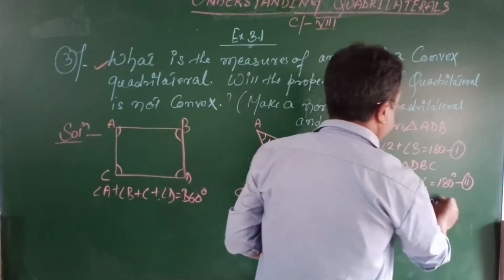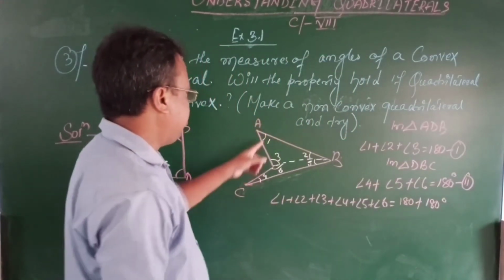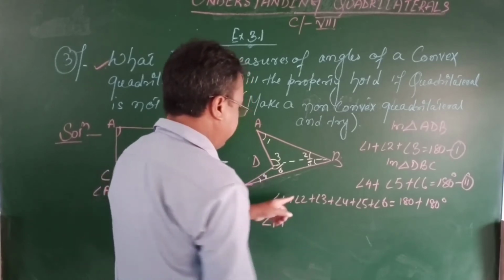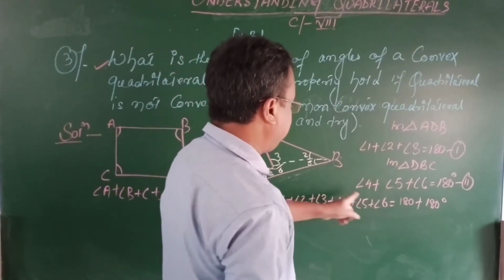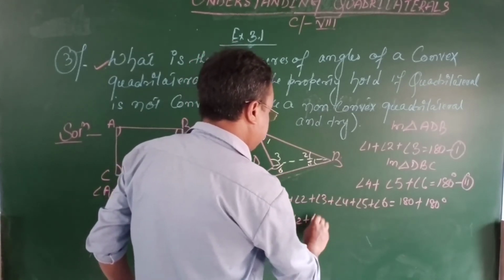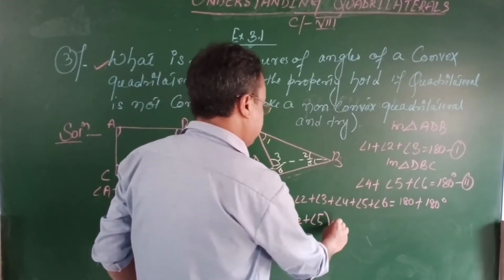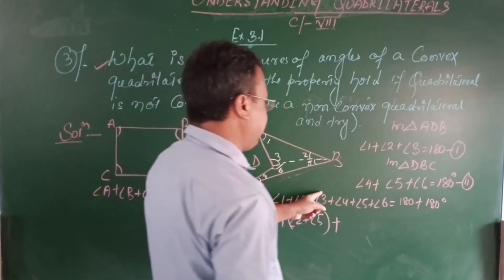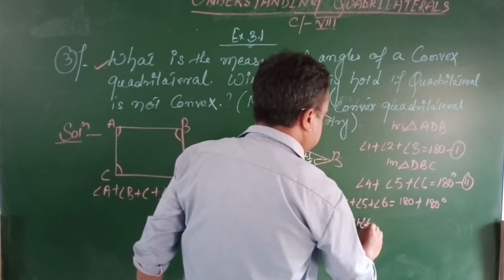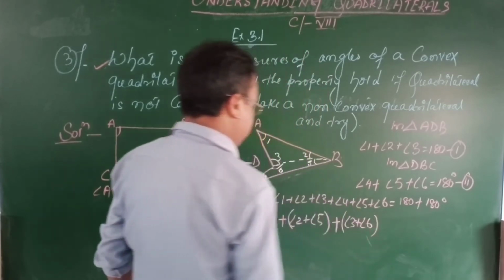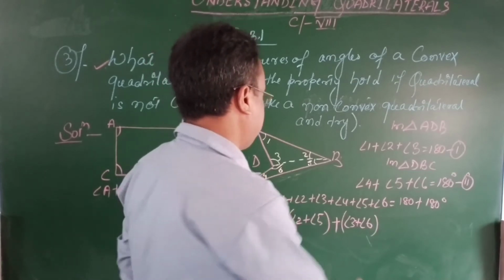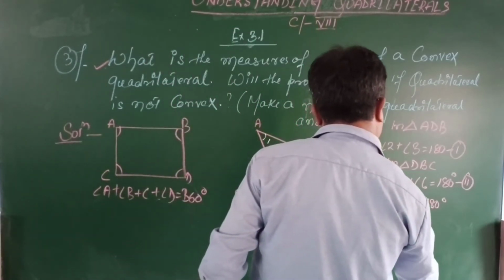Now group angle 2 and angle 5 as one group, angle 3 and angle 6 as another group, and angle 1 and angle 4 are left.